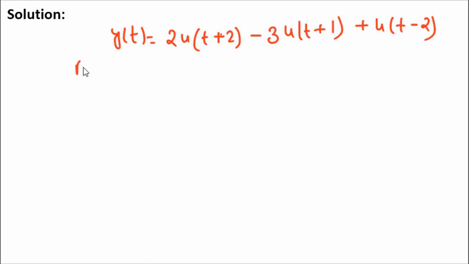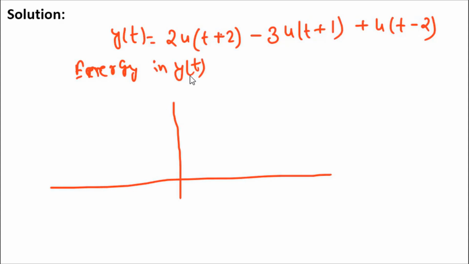So you need to find the energy in y of t. You can plot this y of t as follows: you have a first unit step signal which is at t equal to minus 2 with an amplitude of 2. So if this is minus 2, then this amplitude is 2, till t equal to minus 1 its amplitude is 2 only.